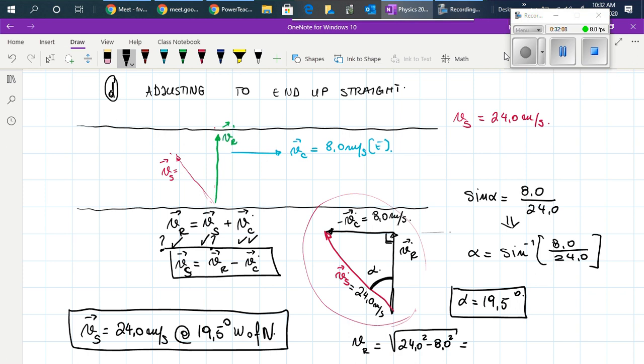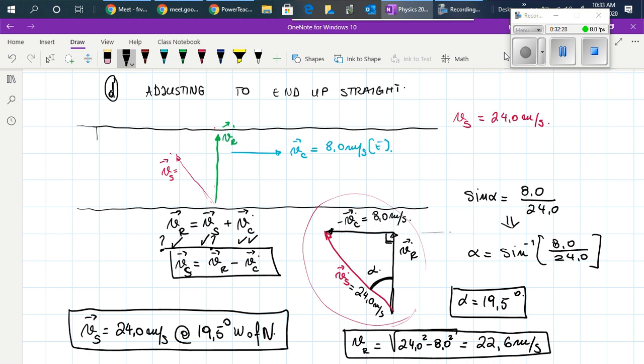The whole thing square root is equal to 22.6 meters per second. So this will be the resultant velocity, and it is straight north because this is what we are looking for, to end up straight north.